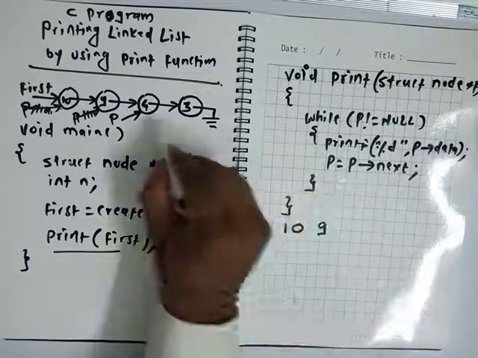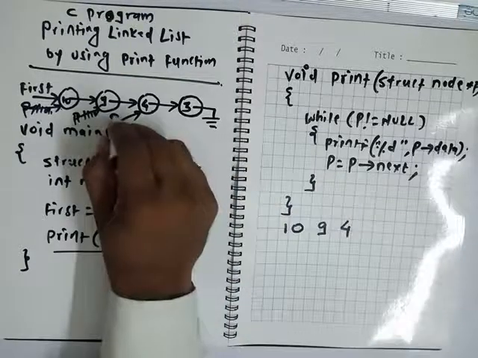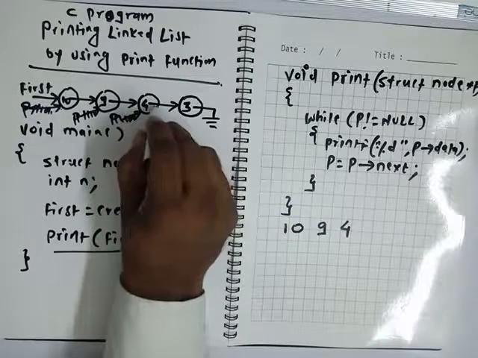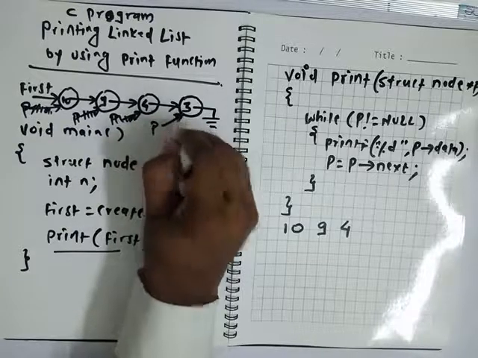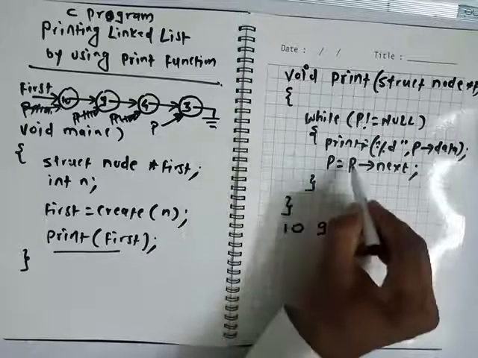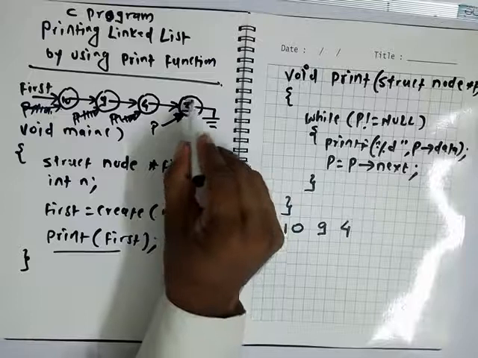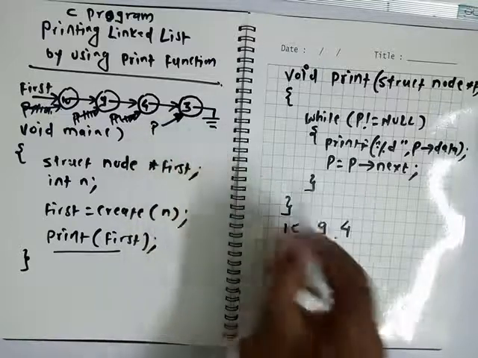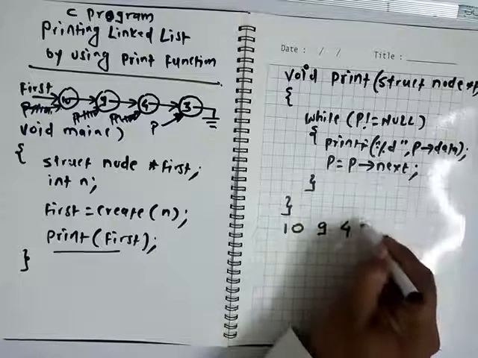This says print the data there, the data is 4. And p equal to p next, so p will now point where p next is pointing, here. Then we'll check, is p null? p is not null, p is pointing to the node containing 3, so we'll execute this body and print the data there, 3.